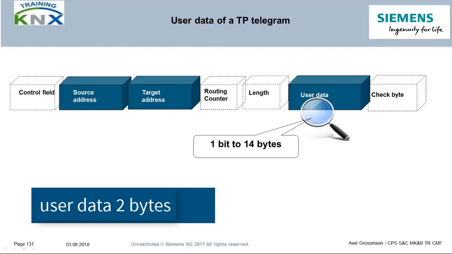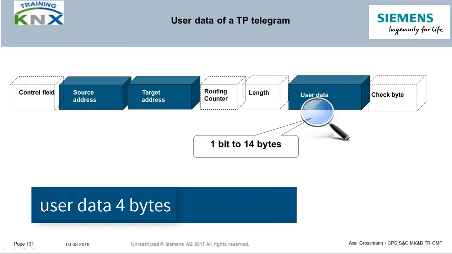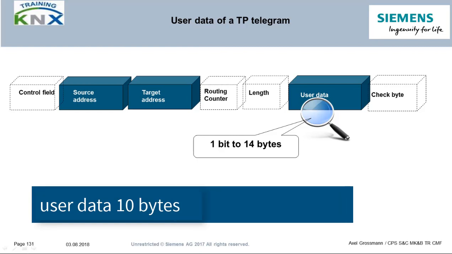It must be added that sending of shorter data blocks than 1 byte isn't possible in the KNX telegram structure. It depends on the receiver to filter the relevant bits from the user data if shorter than 1 byte. Also, the maximum length of the useful user data is not 16 but 14 byte.